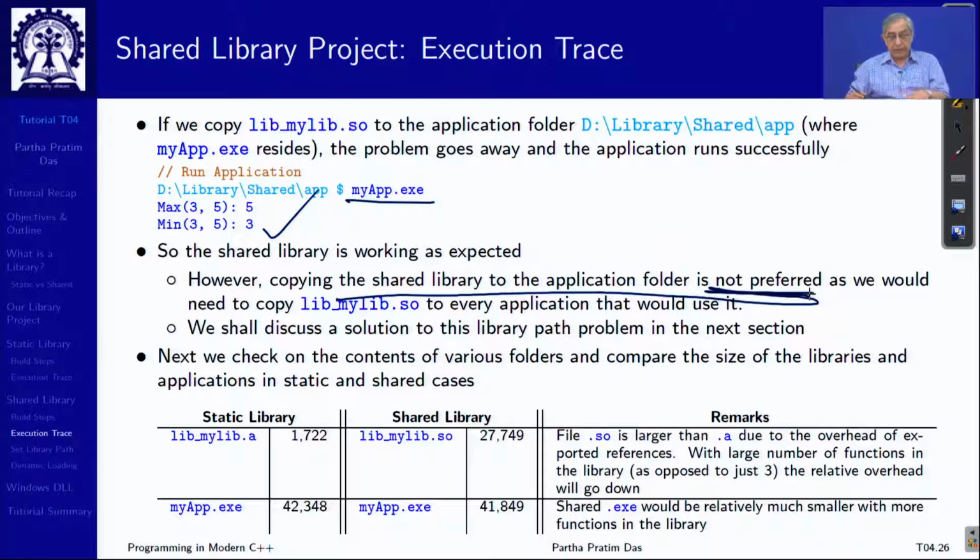You can also see what the different sizes are. In contrast to what I had said theoretically, that static library will be bigger and dynamic library will be smaller, here you will see that it is exactly the opposite.